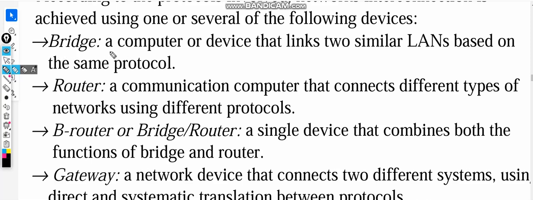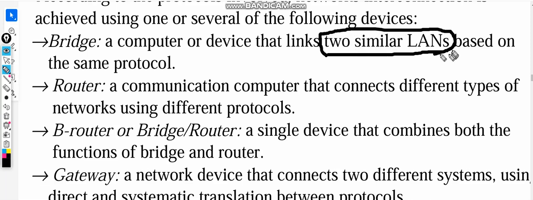Bridge: a computer or device that links two similar LANs based on the same protocol. Two similar LANs means two similar LAN networks based on the same protocol.